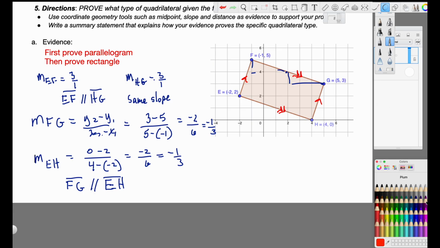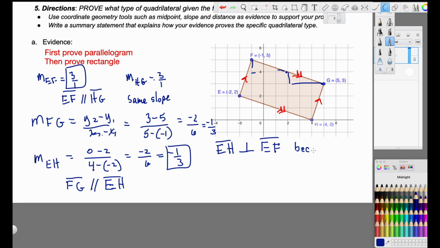So how do we now prove that it is a rectangle? So a rectangle has 90-degree angles. So we can say that segment EH is perpendicular to EF, because EH has a slope of negative 1/3 and EF has a slope of 3/1.